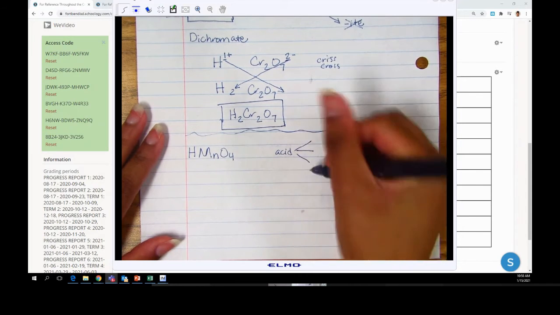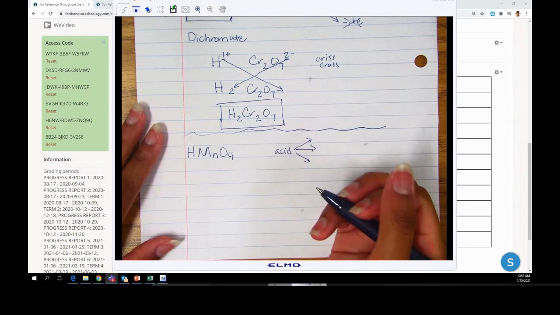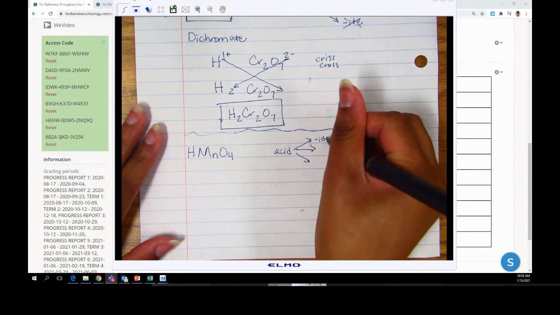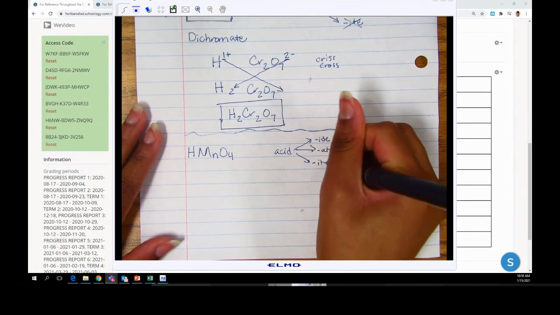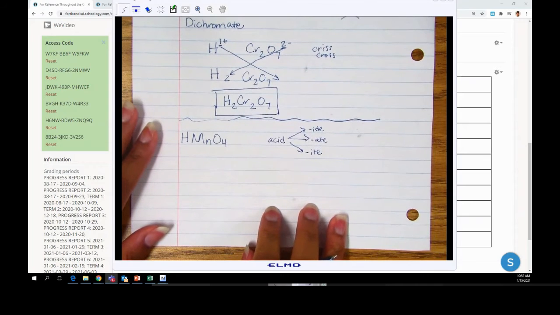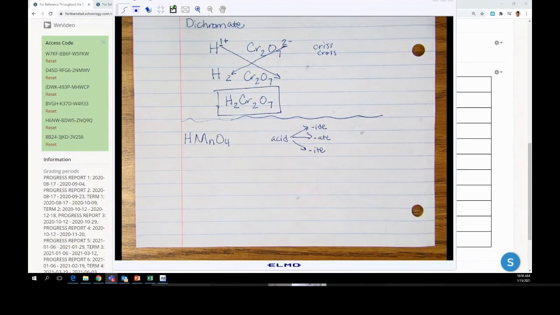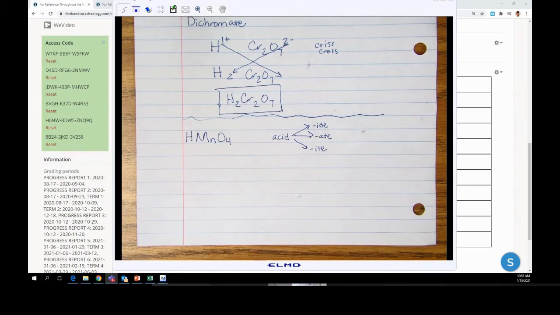But I've got different acid naming rules, so I have to think about which one I need to use. Does it end in "ide," "ate," or "ite" with the name of the anion? So I'm going to look for the anion MnO4 on my chart.